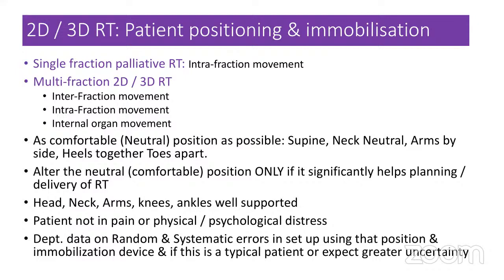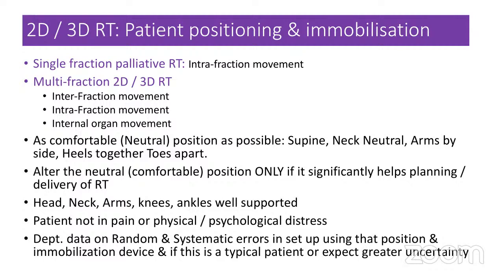Whenever I talk of multi-fraction radiotherapy, this is important. And you have to decide how much margin you have taken, whether it's palliative or curative, and whether they have taken this into account. It should not happen that you have not thought about the interfraction and intrafraction movement and the internal organ position.